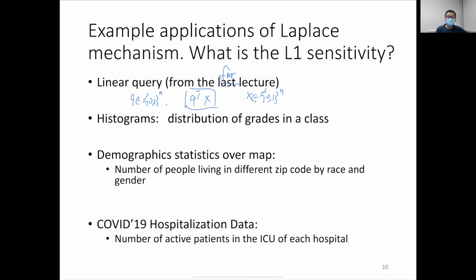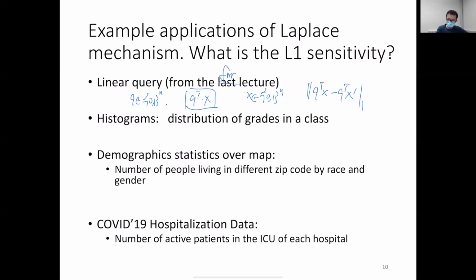So the L1 sensitivity of this is simply Q x minus Q x prime, where x and x prime are neighboring data sets. Since this is just a univariate output, the one norm or infinity norm doesn't really matter.